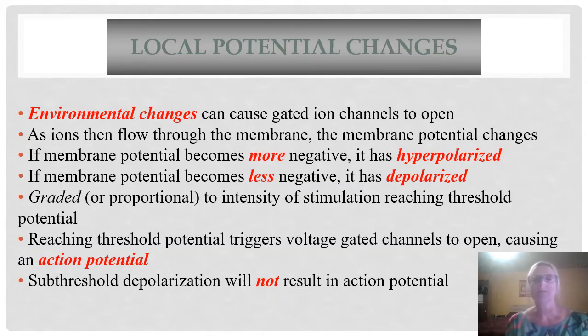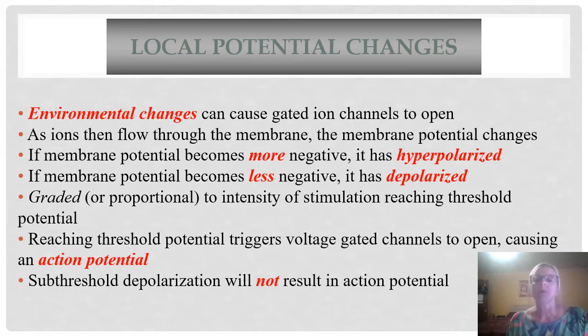So let's look at these gated channels. What causes them to open and close? Changes in the environment of the cell can cause those gated ion channels to open. If you have more positive ions flowing through the membrane, it's going to change the distribution of charges, and so it's going to cause that membrane potential.